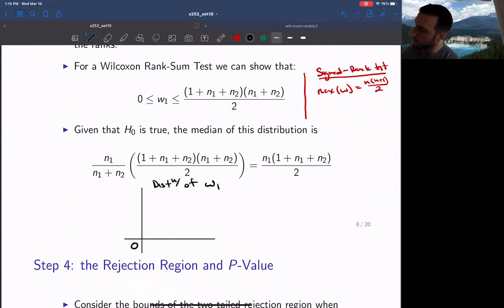So we'd have 0 here. We would have 1 plus n1 plus n2 over 2 here. And then in the median here, I'm just going to move this up a little bit.